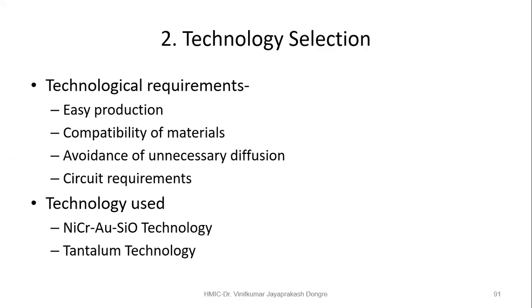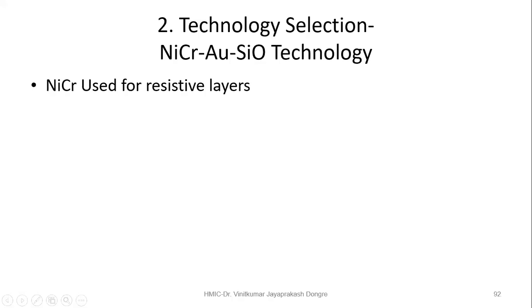Then circuit requirements. Whatever circuit you are going to fabricate, what are its requirements, that also should be there. Based on that, these are the two technologies we are going to discuss: NICR AU SIO technology, named after these materials, and second is the titanium technology. So what is this NICR AU SIO technology?